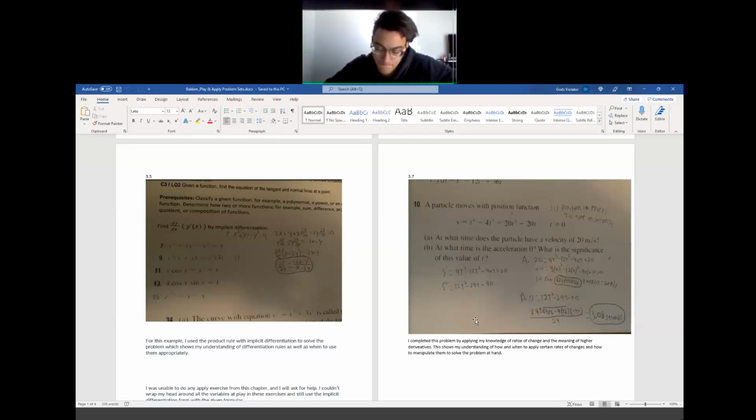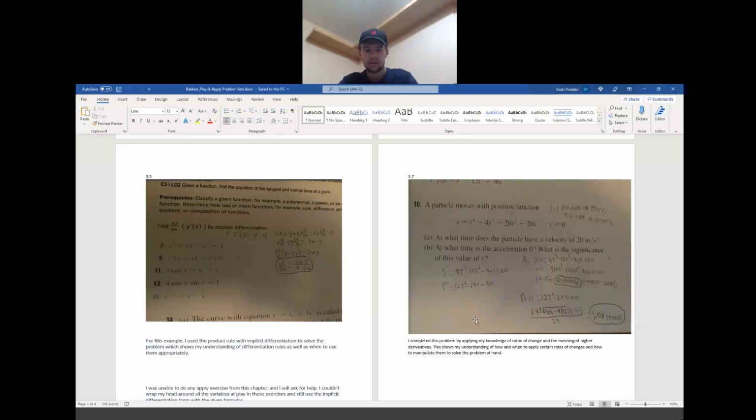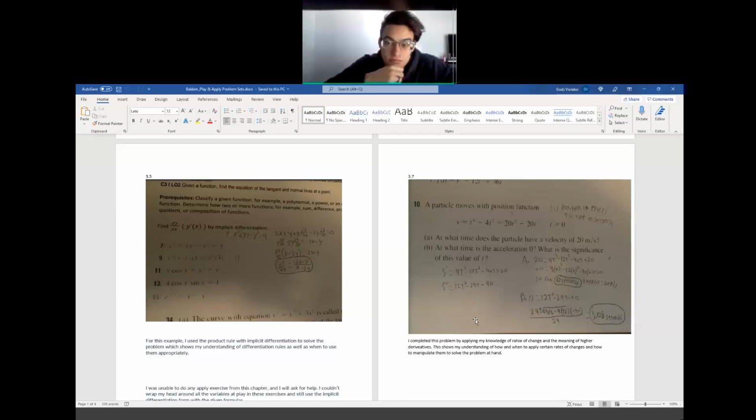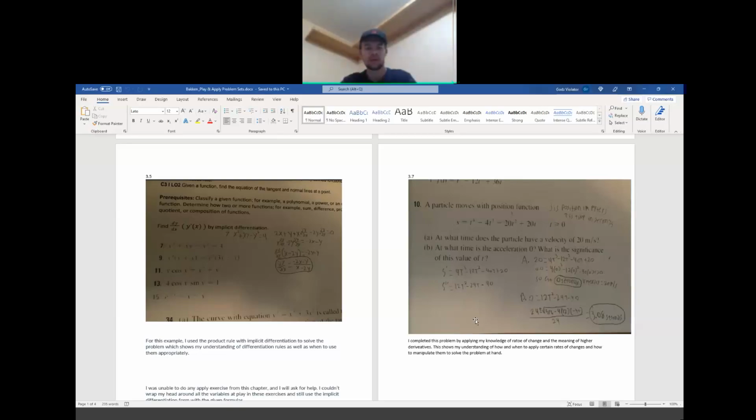I actually messed up a little bit on this one, so let me share my screen. When I was taking the derivative, I accidentally kept the 20t squared, and then when I took the derivative, I just left it as 20t instead of making it 40t. But besides that, I did the same thing where I pulled out the t and got t equals 0.